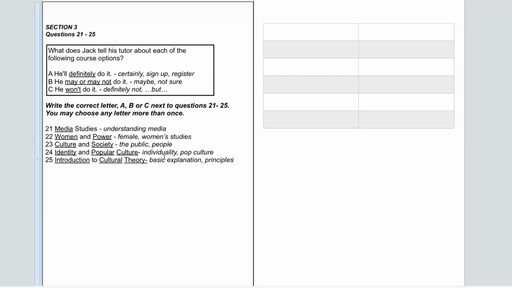Now, here are just some possible synonyms. Since these are course names, it will most likely be in the text as a course name. The synonyms in this particular example are more helpful for our options here, but it's still a nice exercise to do in terms of synonyms.